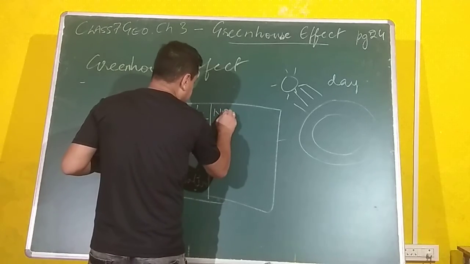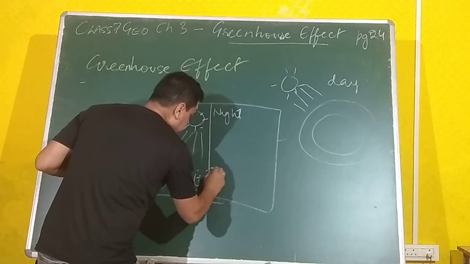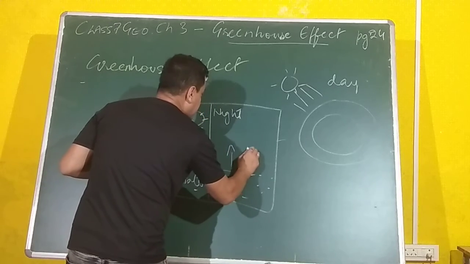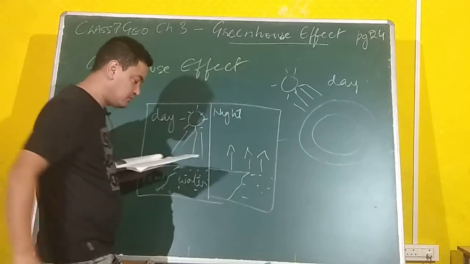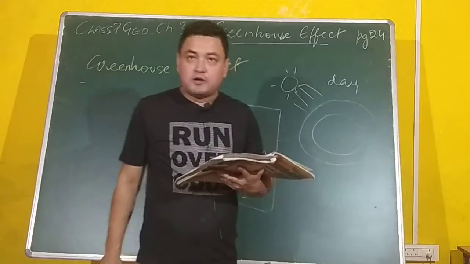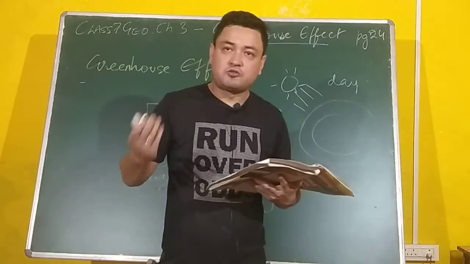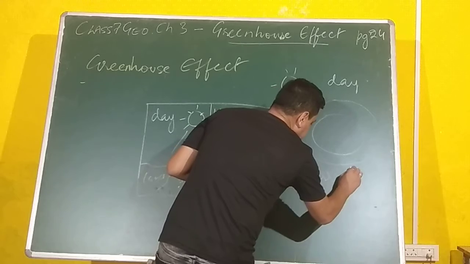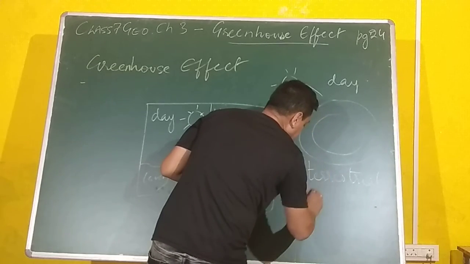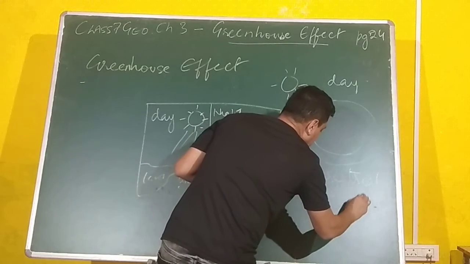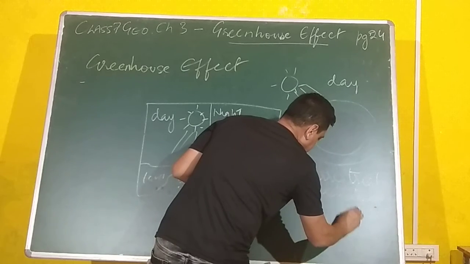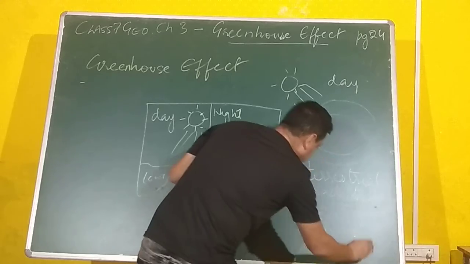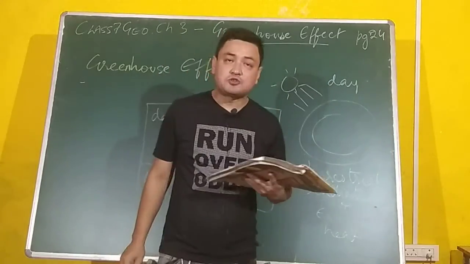But during the night, the heat of the Earth and water has to escape into the atmosphere. This heat is called terrestrial radiation, which is also called Earth's heat, the heat given out during the night, because the Earth has to cool down during the night.